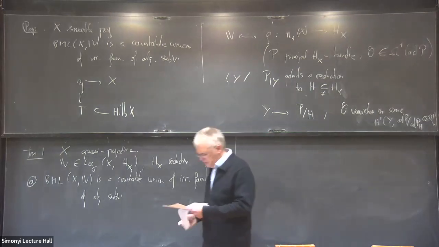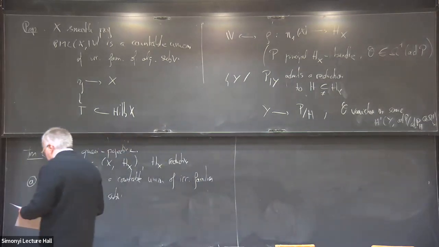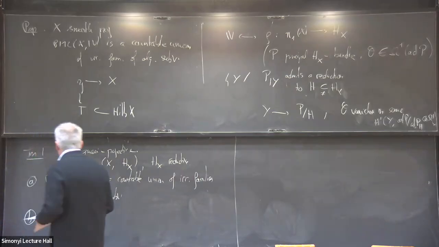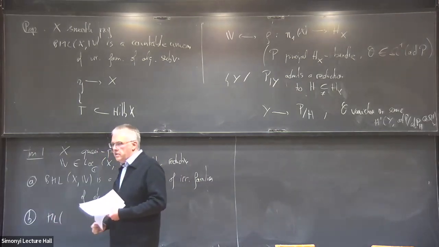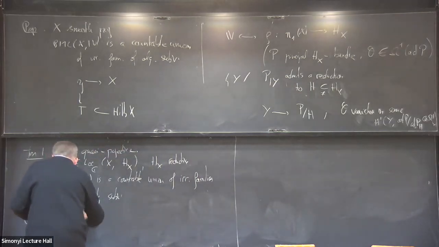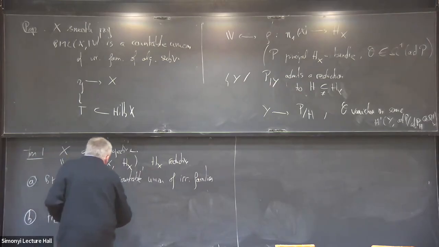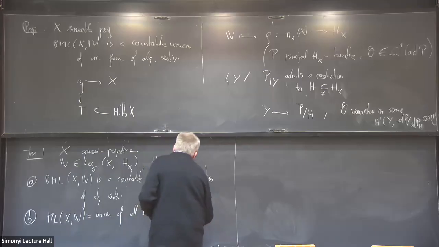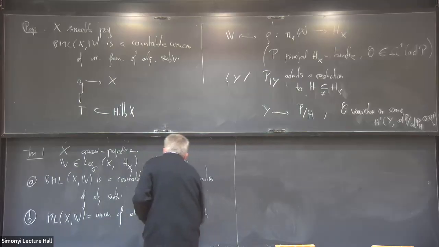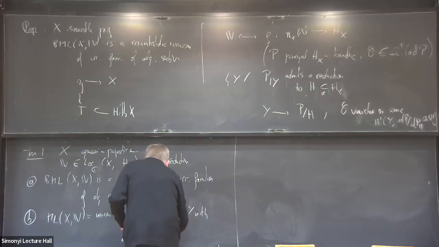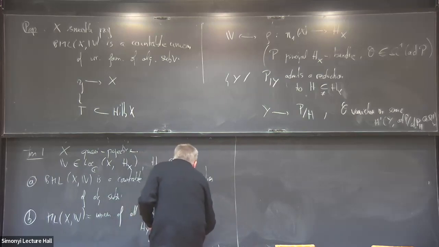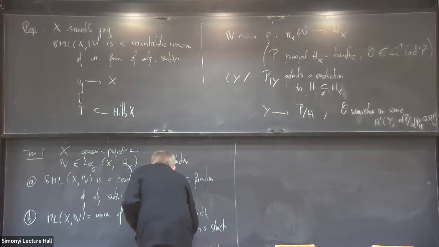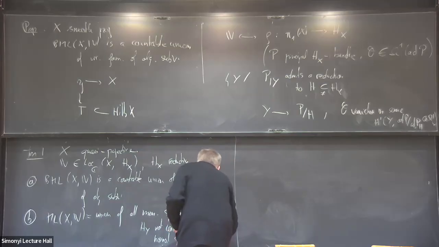This is not that surprising, but at least it clarified my mind at that step. I was happy. And B is that now I can play the same trick as before. Essentially, what I claim is that inside the BML there is a nice mysterious guy, ML of X, V, which is exactly the union of all monodromy special Y with H_Y not contained in a strict normal subgroup of H_X.